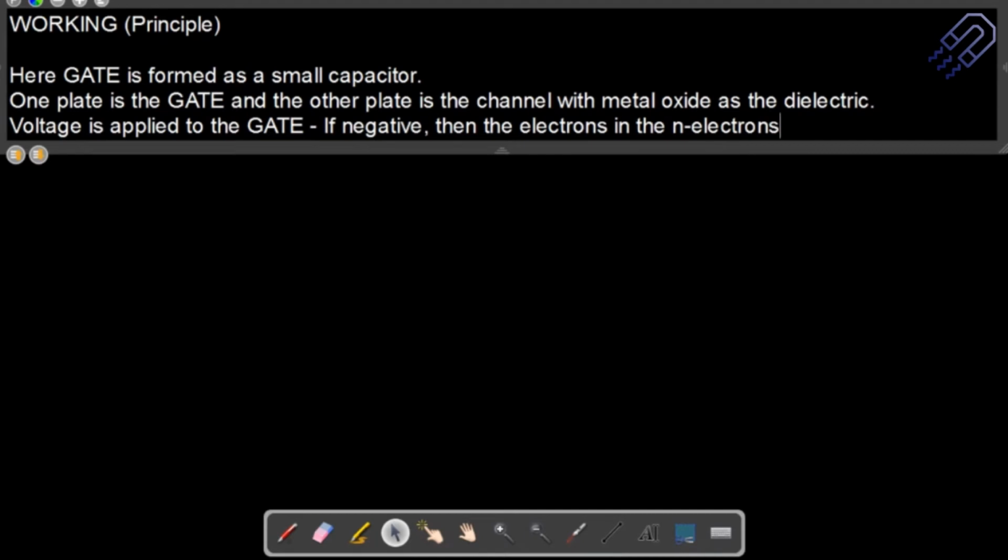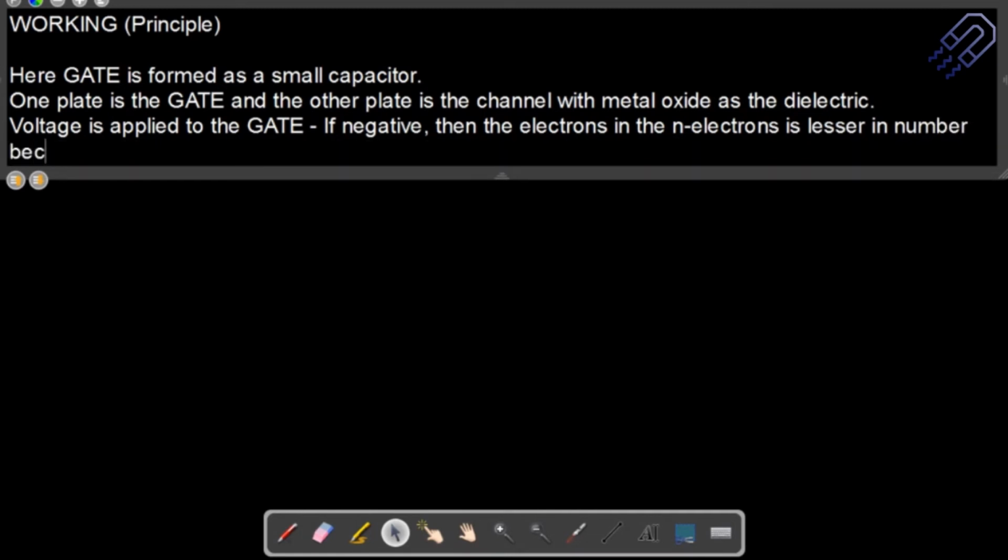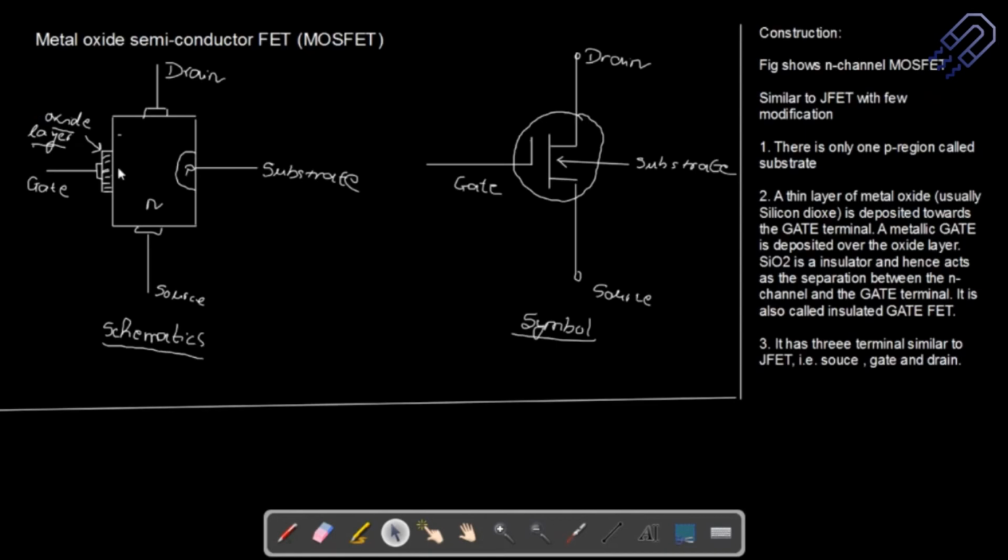This negative potential at the gate will not allow the electrons to go up, and then the electrons in the N channel will be lesser in number because of repulsion.